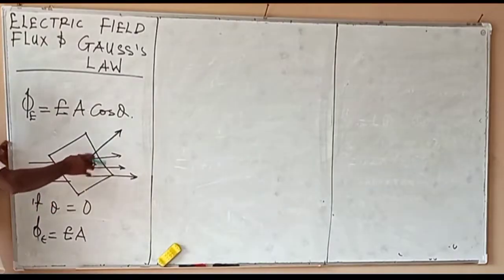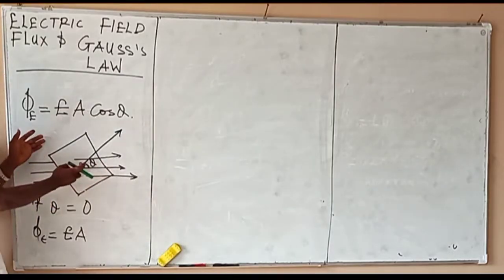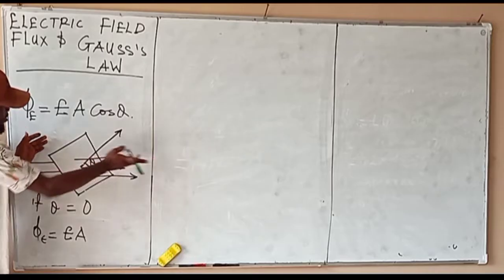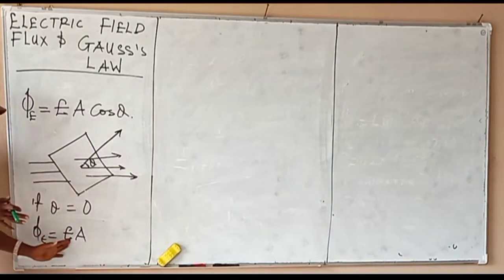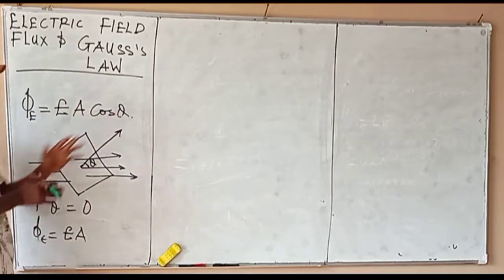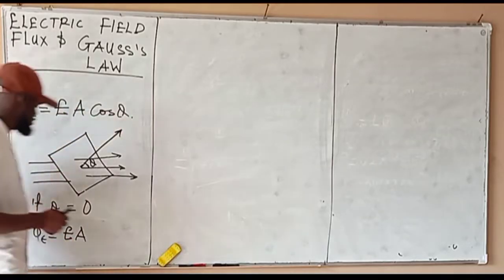If you turn this surface so that this line and these field lines coincide, then the angle between them will be 0, and the electric field flux will be equal to EA, because cos 0 is equal to 1.